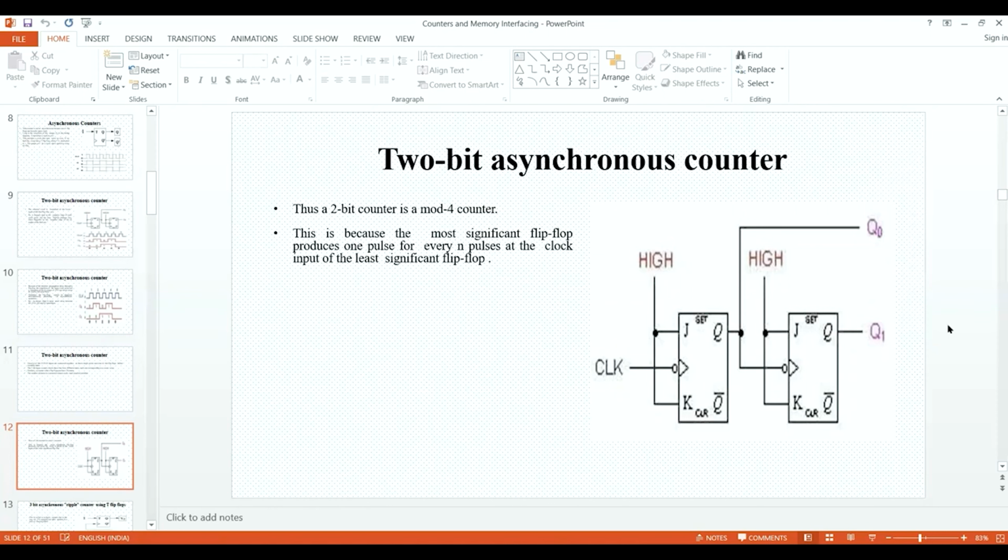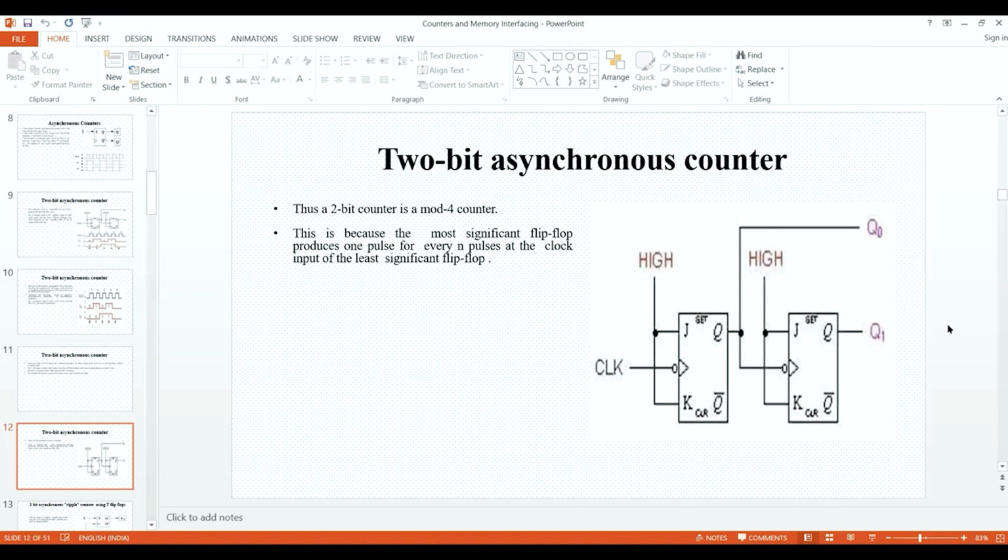They're not interested in whether you can draw a modulus counter, but they are interested in whether you know what modulus is. Modulus is basically dependent upon the number of states of the flip-flops. So we can say a 2-bit counter is nothing but a mod 4 counter, right?